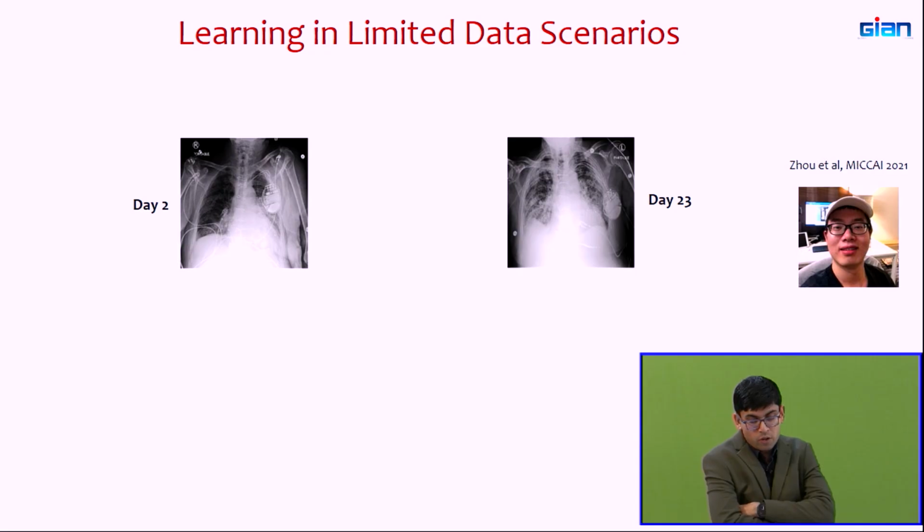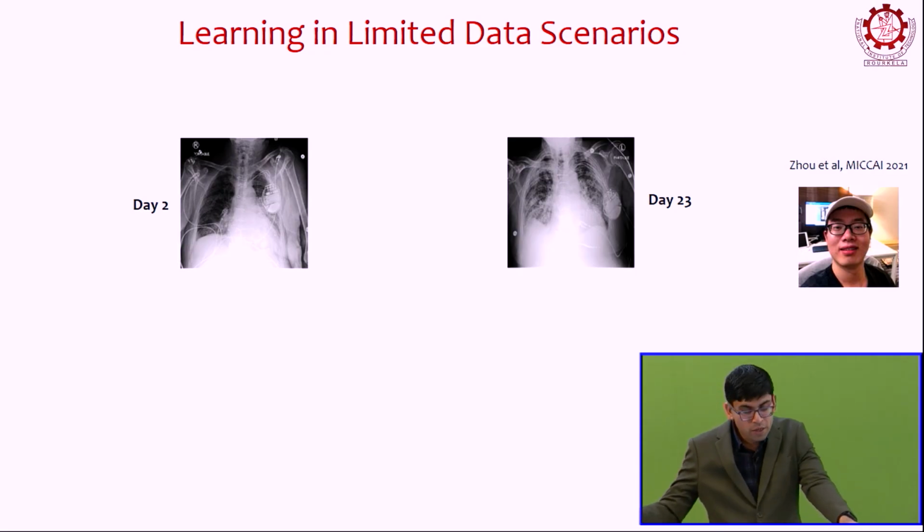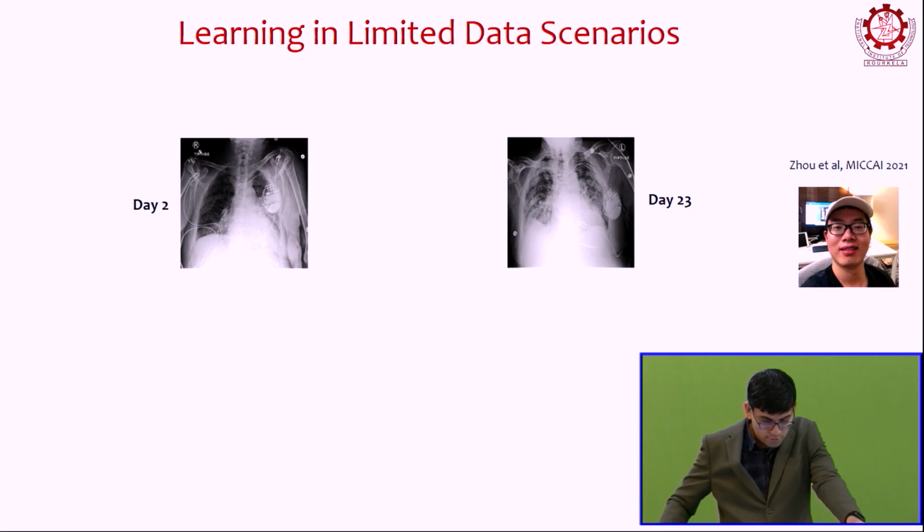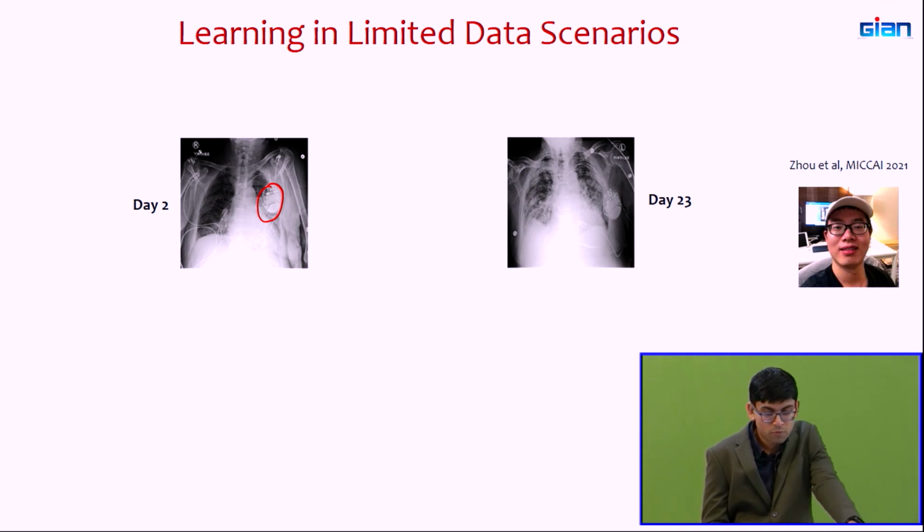By the way, there's something else here. You notice this? That's not part of the lung. So this is a device, some sort of device which the patient has, maybe a pacemaker, or maybe some other artifact. It's important that before you use these kinds of images for training, you have segmentation models that can remove things like this, because otherwise your classification model will start learning from these images.